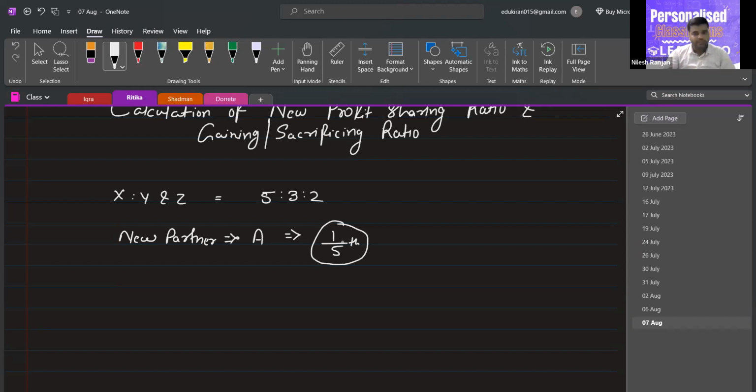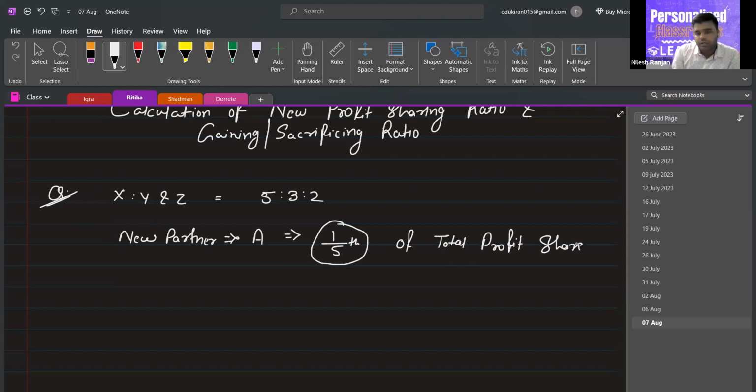And this 1/5 is of what? Actually, it is said in the question, so it is 1/5 of what? Their old profit sharing ratio? Actually, this 1/5 is of the total profit share.